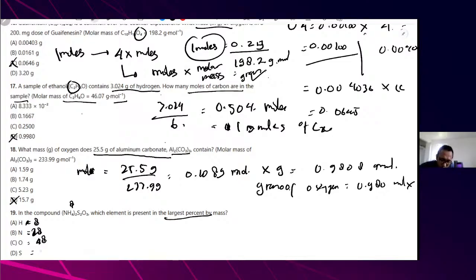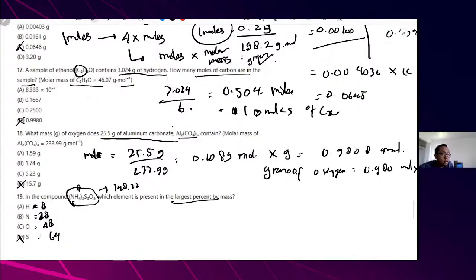For sulfur, S2, sulfur is 32, so 64. So the total molar mass is 148.22. Which one is the largest? So the largest one should be D.